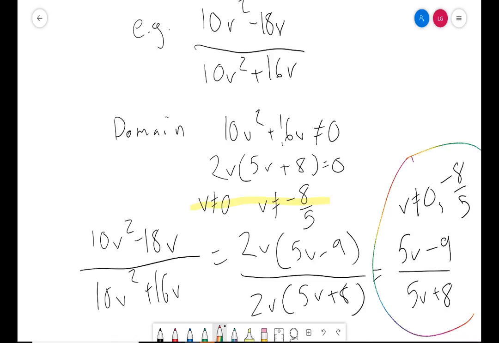So what we're saying is that this original polynomial division problem, a rational function, is equivalent to this simpler polynomial division problem or rational function.